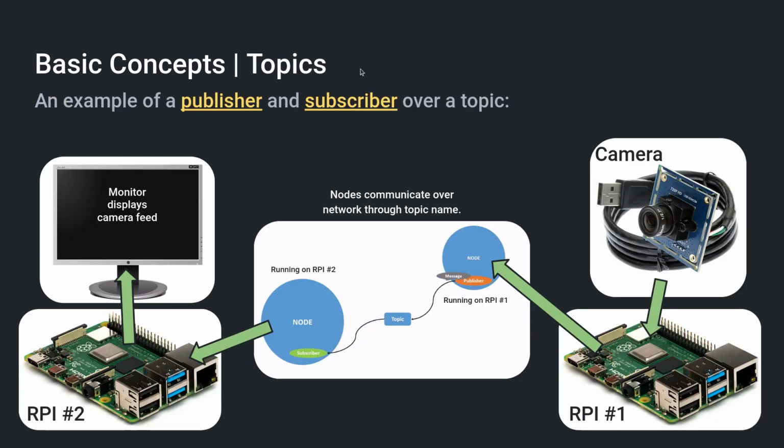So right here's an example. Let's say we have two Raspberry Pi computers. One's hooked up to a display and one's hooked up to a camera. And let's say that they are on the same network so that they can communicate to each other. The publisher, which is the object that produces data, would be on the Raspberry Pi containing the camera.